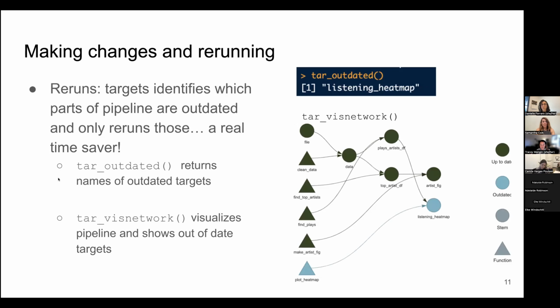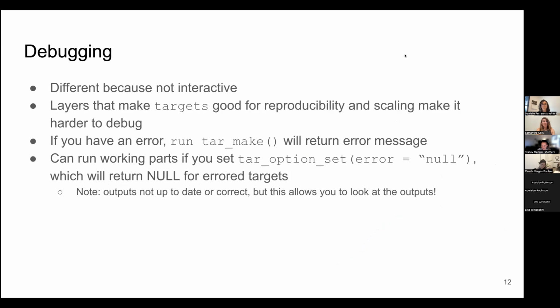Okay, so making changes. When you are rerunning targets after making changes, if you want to update any inputs, any values you've defined, or any functions, you make those changes and save. Then you can run tar_visnetwork again, and it will identify which parts are out of date.